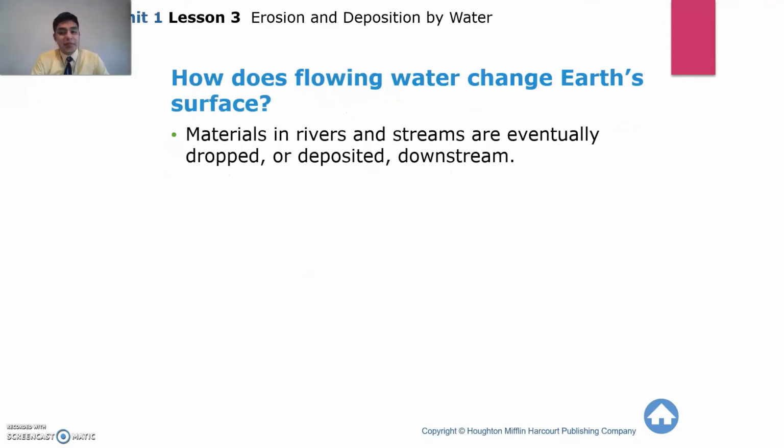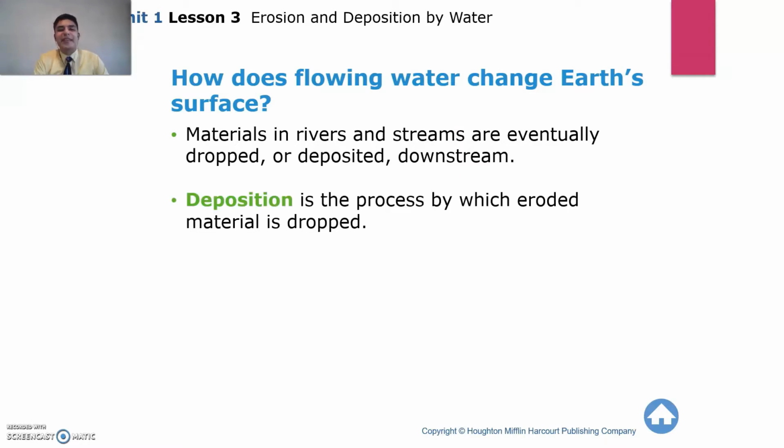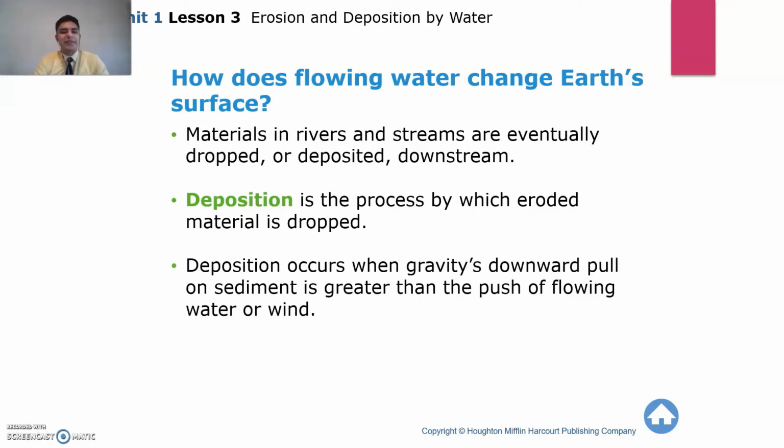Materials in rivers and streams are eventually dropped or deposited downstream. And here we have the deposition is the process by which eroded material is dropped. So again, when those little pieces of rock start piling up and they remain at a certain place is what we call deposition.